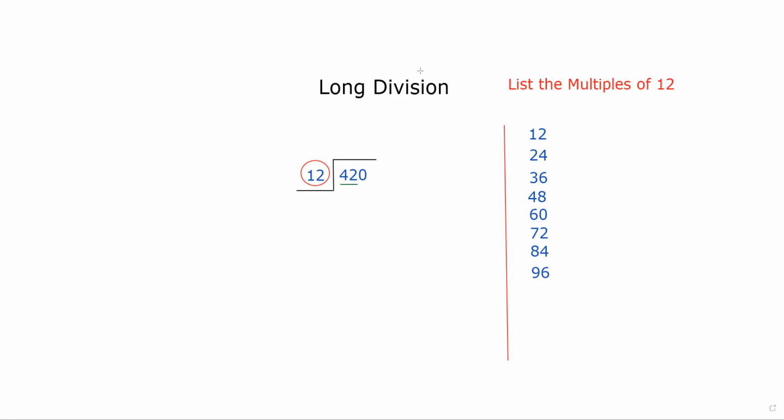Now, if you can count, it's going to be 36, 1, 2, 3. So I'm going to write here 3. Okay, and now 3 multiplied by 12 is going to be 36.